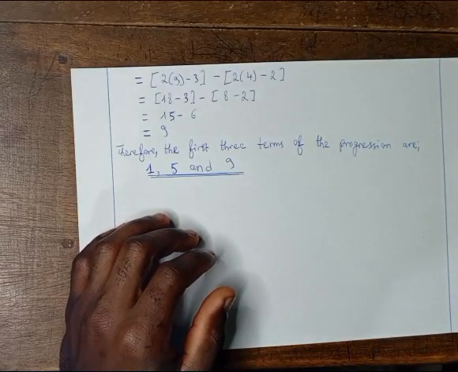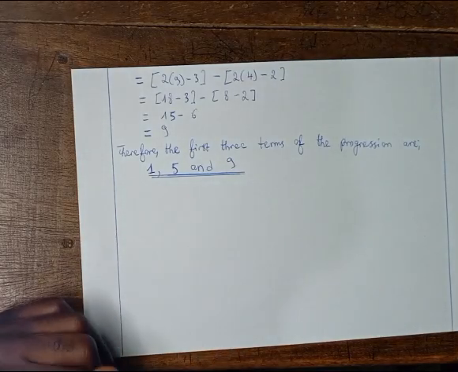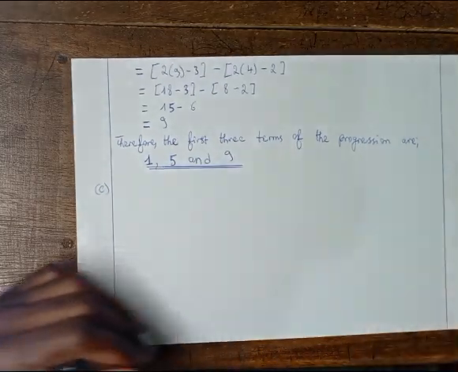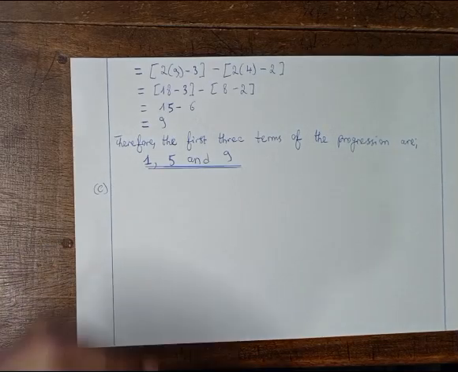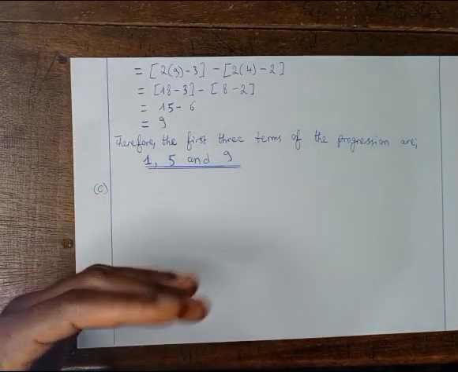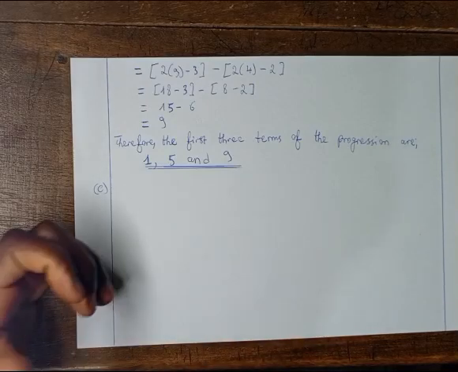And the next part of the question says we should determine the type of progression. So C, we have to determine the type of progression. That means we have to determine whether it is an arithmetic progression or a geometric progression.